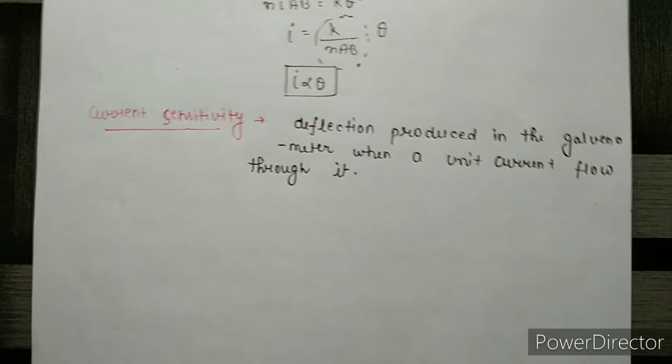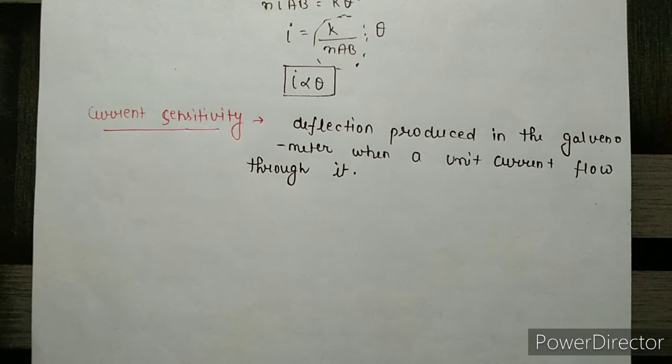Now the next topic is current sensitivity. The current sensitivity of the galvanometer is defined as the deflection produced in the galvanometer when a unit current flows through it.